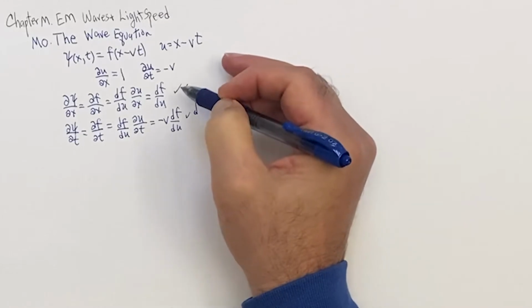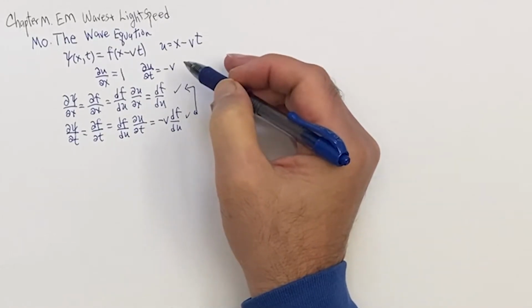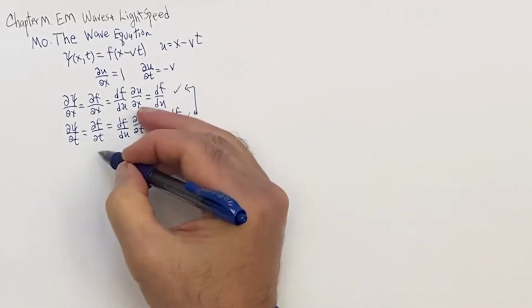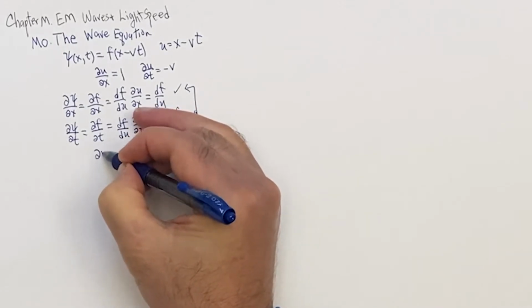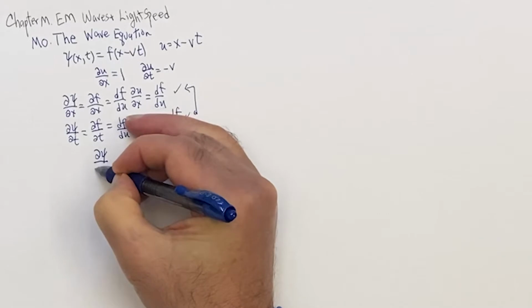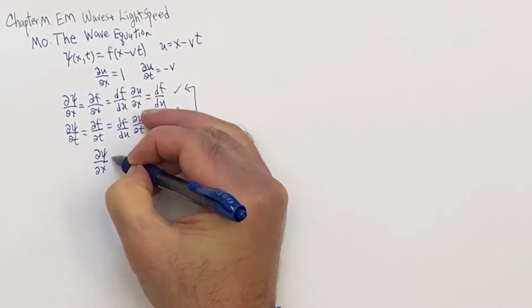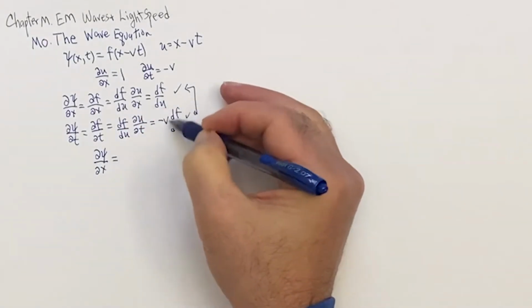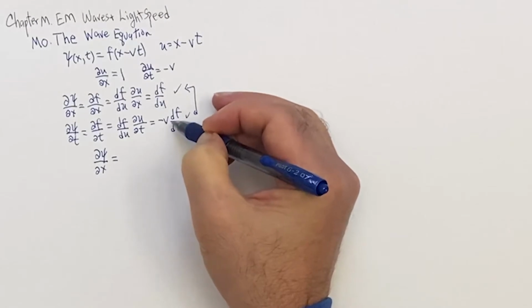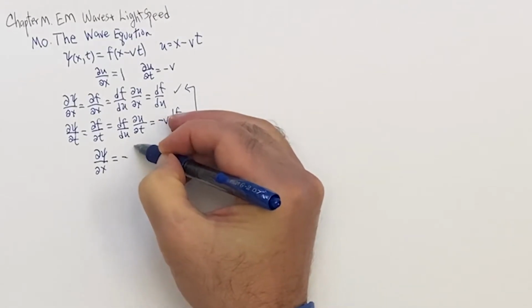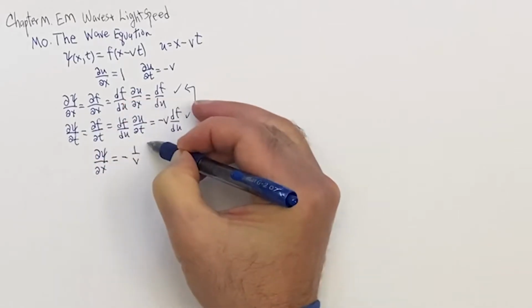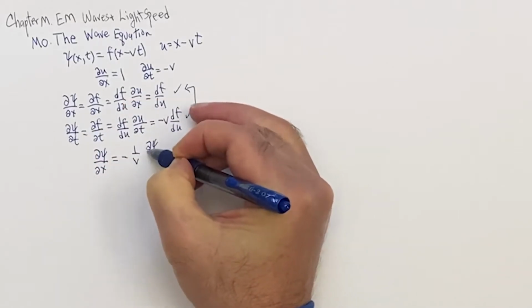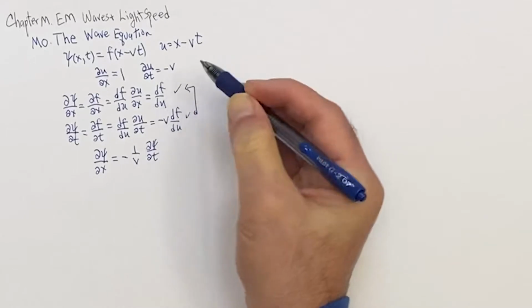Now, I can construct a wave equation from these two by simply saying that if I put the pieces together, for example, the partial of psi with respect to x, this thing, if I divide by negative 1 over v on this thing here, I have my differential equation. All right, so let's look at this again.